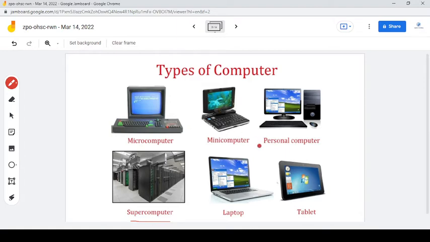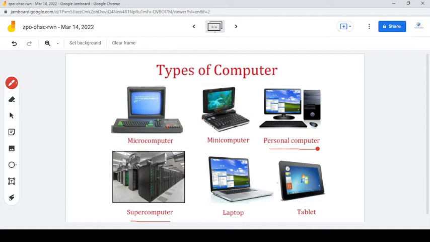Then moving on to our third type, which is a personal computer. This type of computer is most commonly used across the globe. It has different types. For example, a laptop, a tablet, even a smartphone comes under a personal computer. A personal computer is a wired computer.